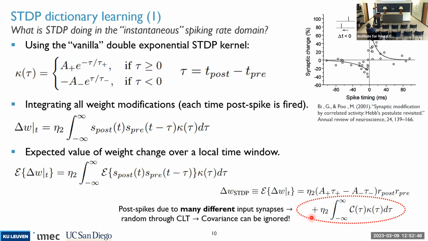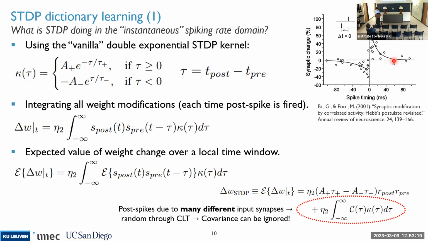So now that we know how to infer C, we want to know how to learn the weights phi using STDP. Before delving into that, we need to understand what STDP does for us in the instantaneous spike rate domain in which we are working. Spike-timing-dependent plasticity is shown here in this graph. It consists of a rule that is akin to the Hebbian rule: neurons that fire together wire together, but in the spike timing domain.